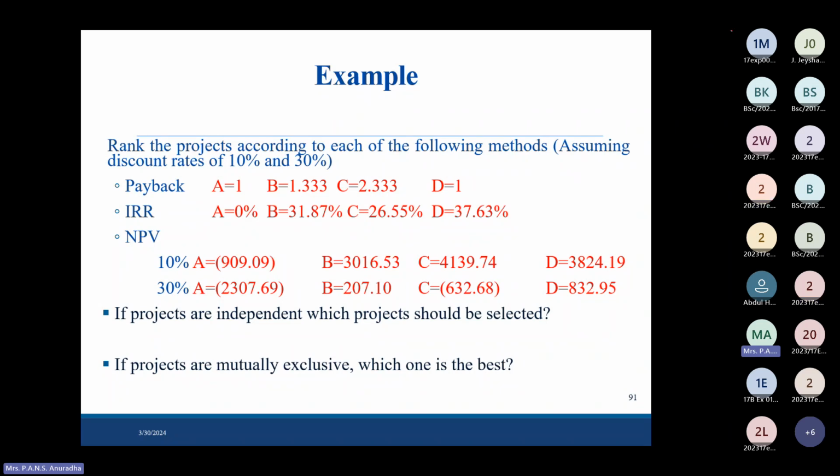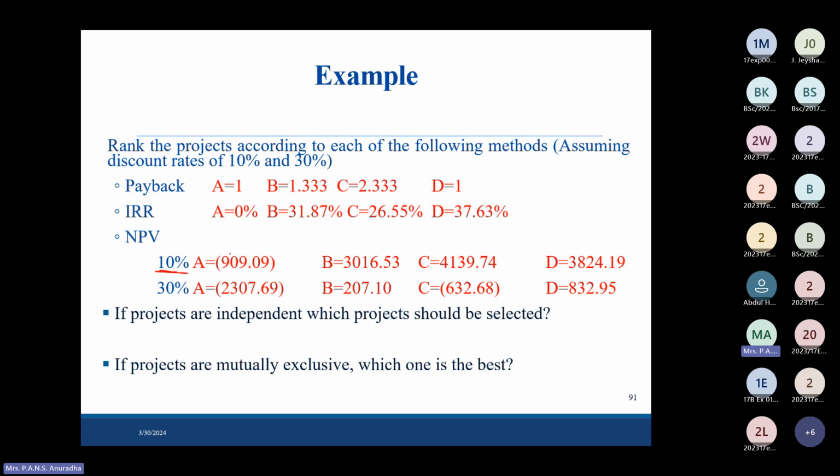If independent, you can see here the IRR. If you look at the 10% cost of capital level, IRR for project A is below 10%. That is an exceptional one, and you can see its NPV is also negative.